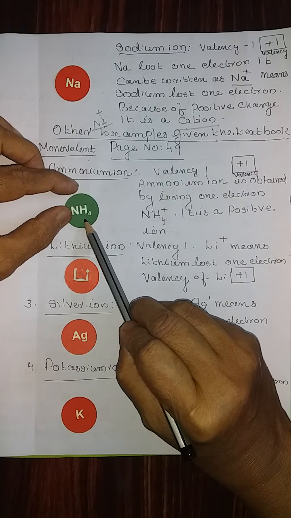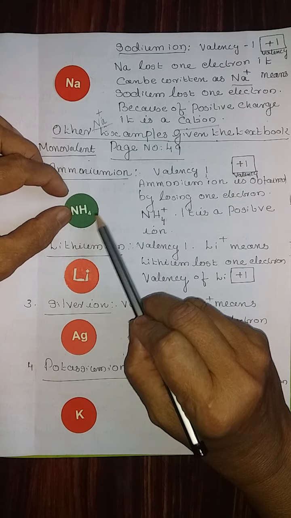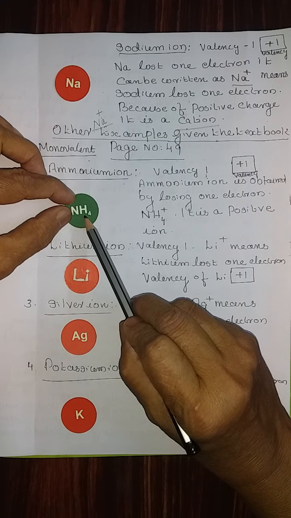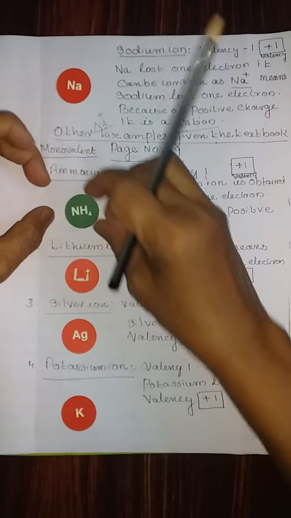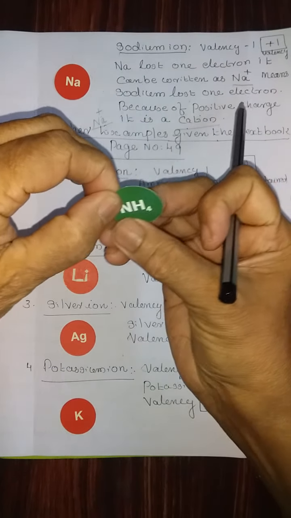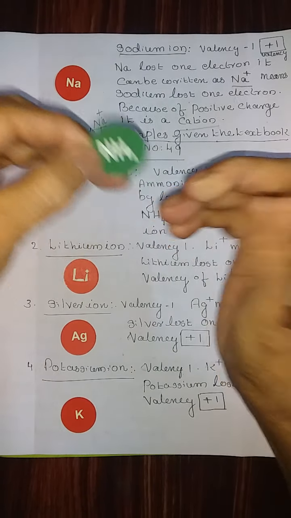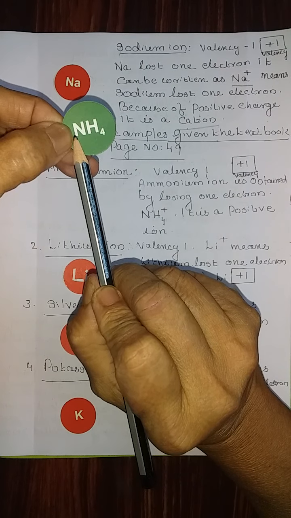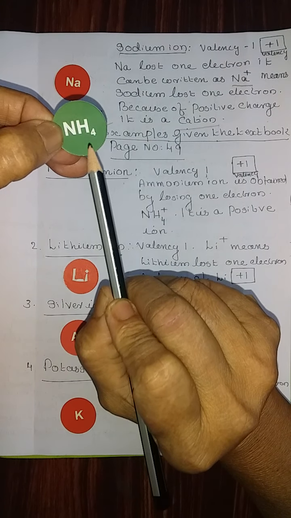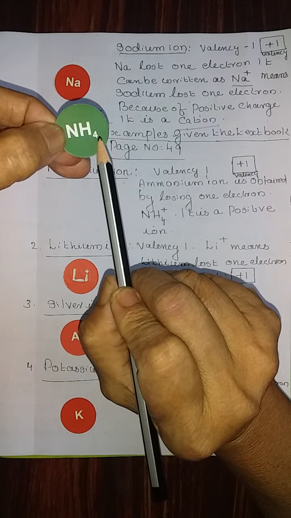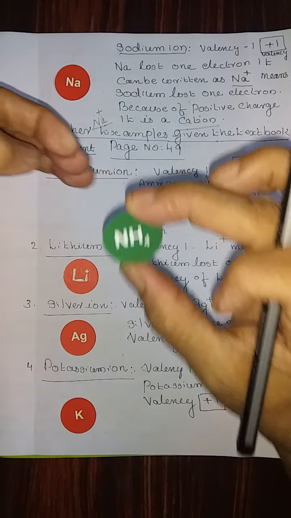This is the only basic radical which contains 2 types of elements, that is nitrogen and hydrogen. 1 atom of nitrogen and 4 atoms of hydrogen join together and form this ammonium.